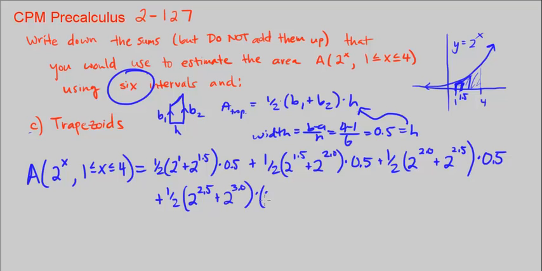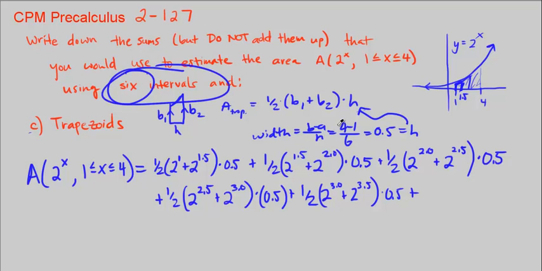so it's 2 to the 3.0 times the height, plus the next trapezoid is 1/2 base 1 plus base 2, so it's 2 to the 3.0 plus 2 to the 3.5 times 0.5, right? So we have 1, 2, 3, 4, 5 trapezoids so far. We want 6 trapezoids.